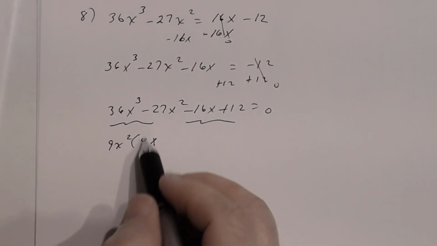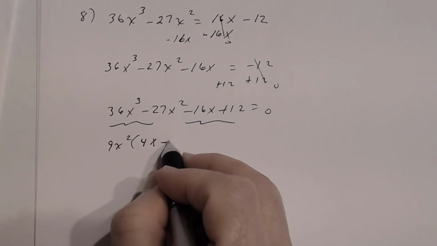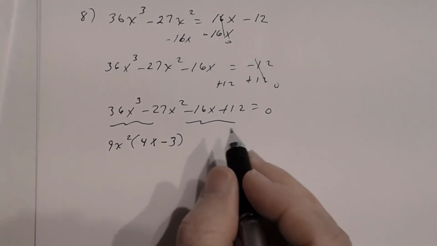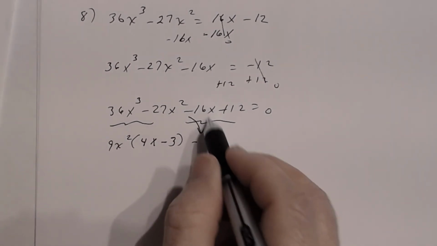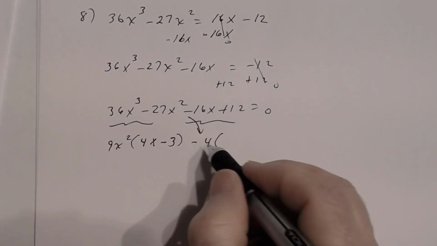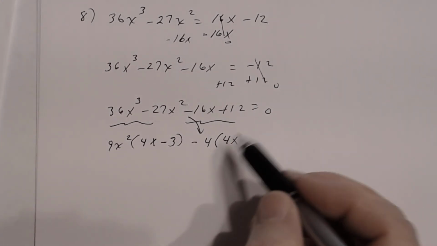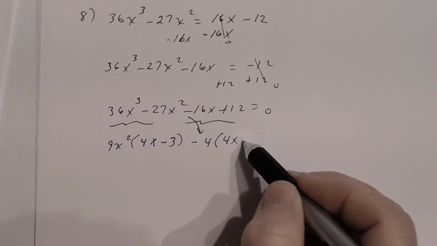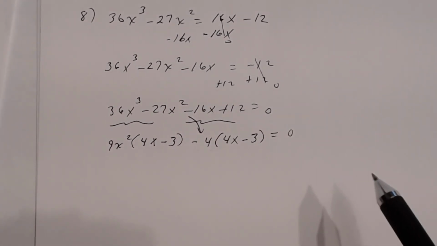Okay, so 4x is 36x cubed, and then 9x squared times a negative 3 is a negative 27x squared. Over here, I'm going to factor out a negative 4, and I get negative 4 times 4x is a negative 16x, and negative 4 times a negative 3 is a positive 12, and don't forget all that's equal to 0.